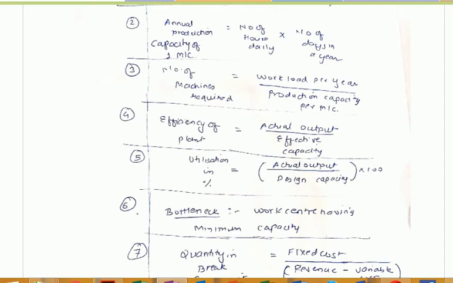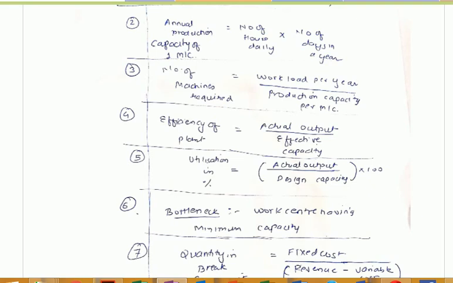I have already explained in theory that effective capacity involves some amount of cost and all other factors which are utilized optimally to achieve the targeted production in a stipulated time. So if we divide these two, we get the efficiency of the plant.